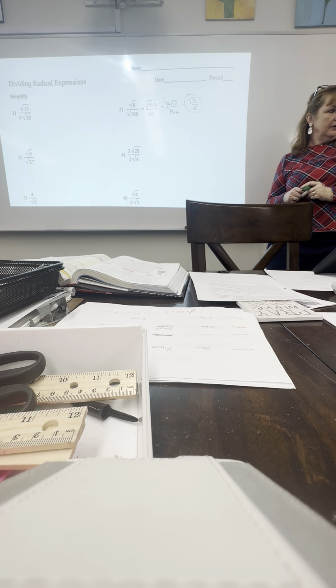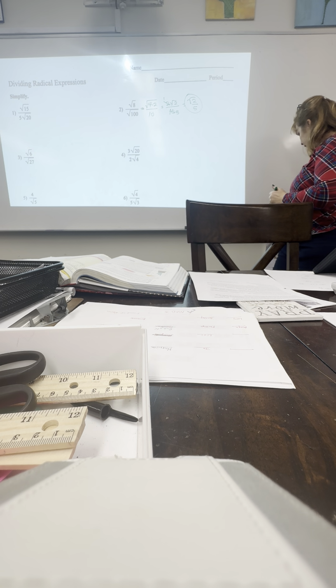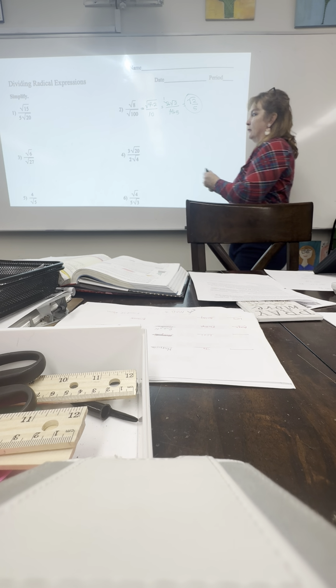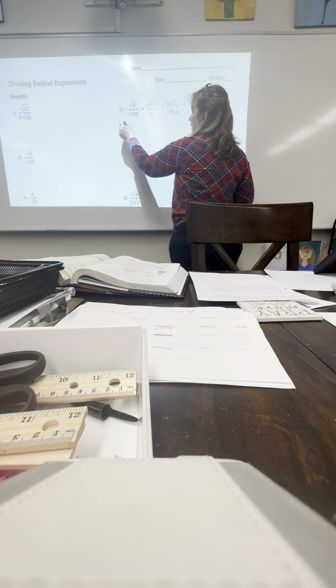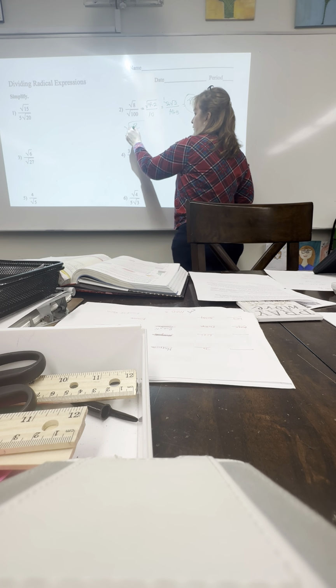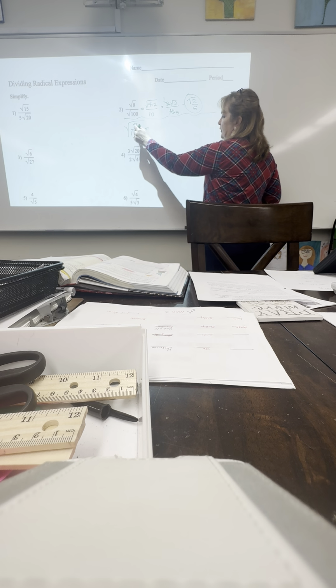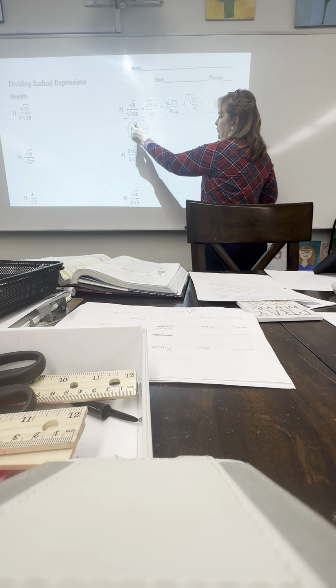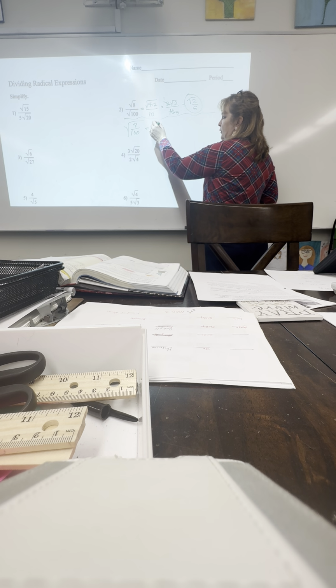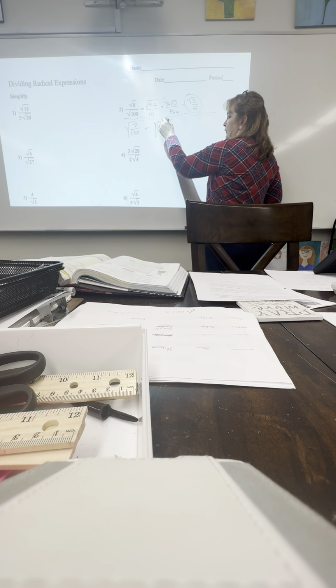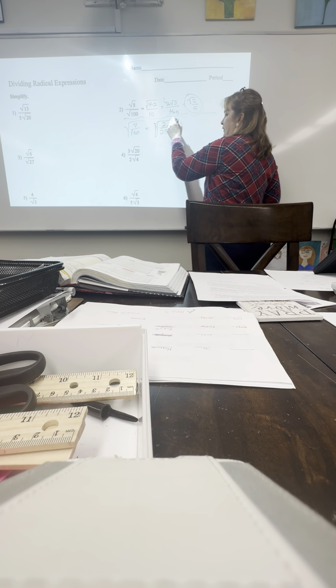Okay? Now let's just look at that as if you didn't think about this being 10. Another option, if you would have done this, 4 over 50, 2 over 25, you would wind up with that.